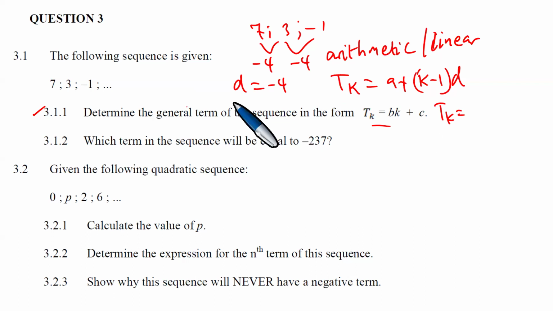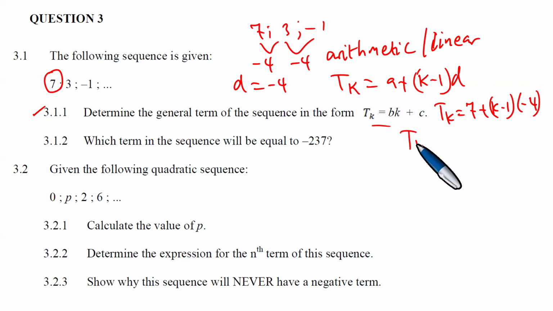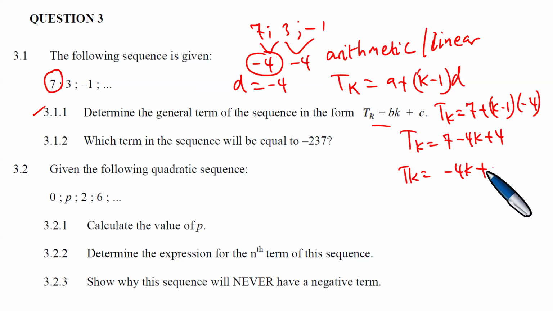So you have Tk equals, what is the first term? 7. Then you have k minus 1 times the common difference, which is minus 4. So you have 7 minus 4k plus 4, which means that Tk is minus 4k plus 11.